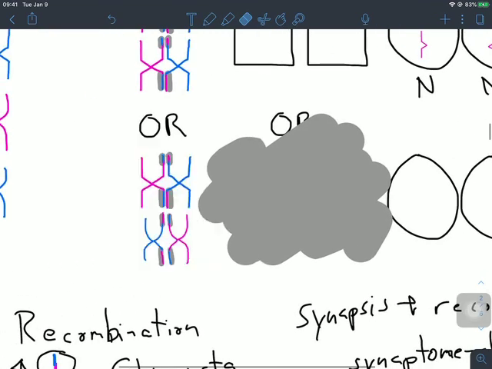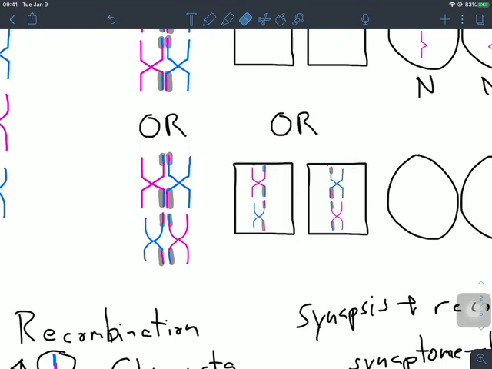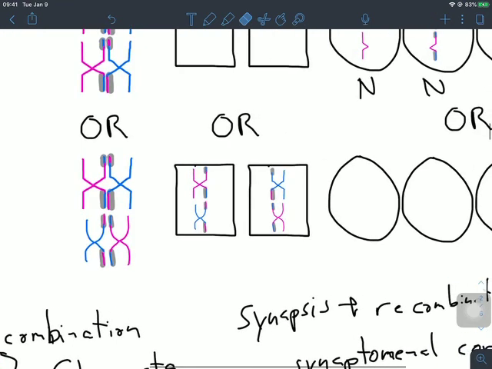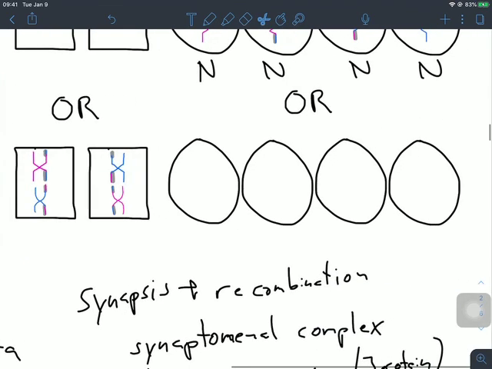Alternatively, you know that with the law of independent assortment, you could get moms on left, dads on right, or mom 1, dad 2 on left, dad 1, mom 2 on right. This would cause segregation in such a way that you get a mixture of mom's and dad's chromosomes across your different sets.